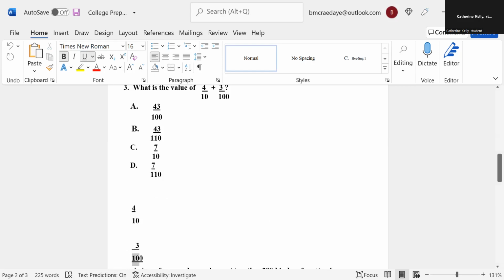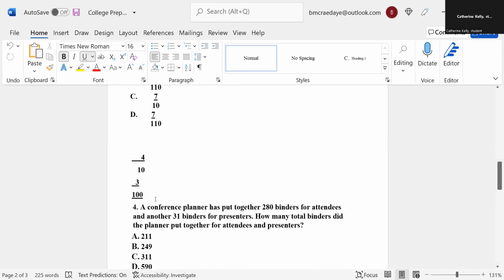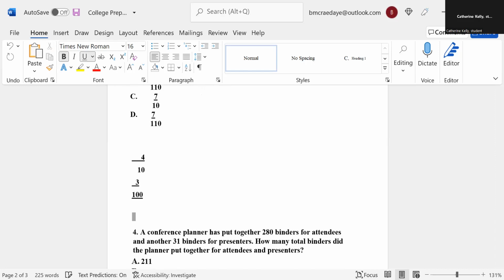Let me move this over. Now we want to add these, but we can't add them unless we make the denominators the same.